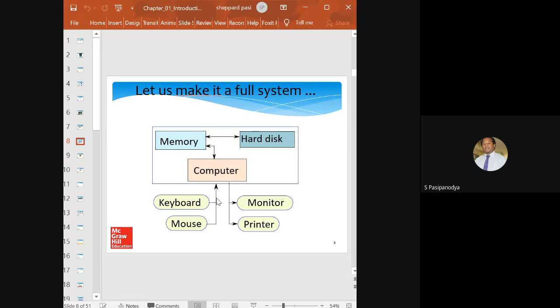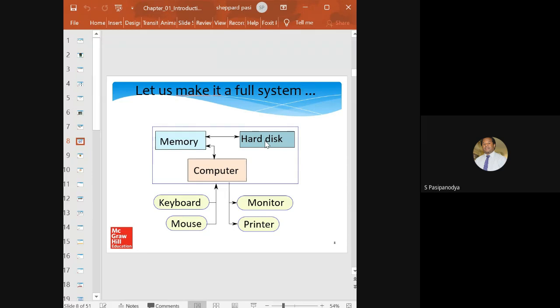monitor and your printer. So you realize that a full computer system has memory that stores program, which is erasable upon powering off, and a hard drive that stores an information store, which is permanent and cannot be erased even after power off.